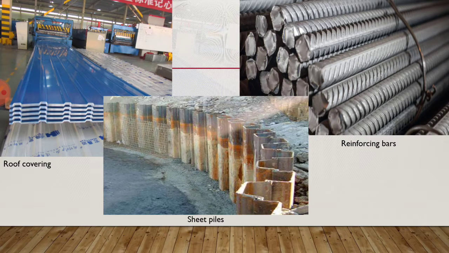And on your bottom side there shows sheet piles, which is a method of shoring or a means of barricade, whereby these huge piles are driven into the ground by means of machinery. So these are some areas in which mild steel can be used.